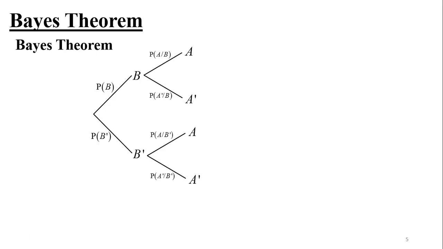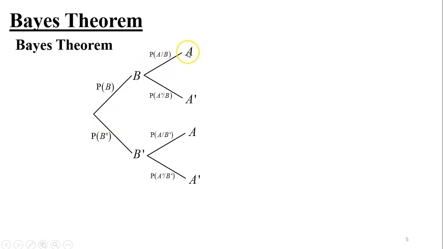So if we were to move to Bayes' theorem, if we were to generalize it, I'm going to illustrate it on a tree diagram because it's easier to show. So if we have an event B and its complementary event, or its opposite event B prime, we have a probability of B and the probability of B prime.